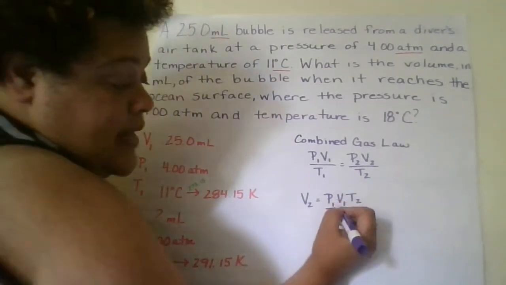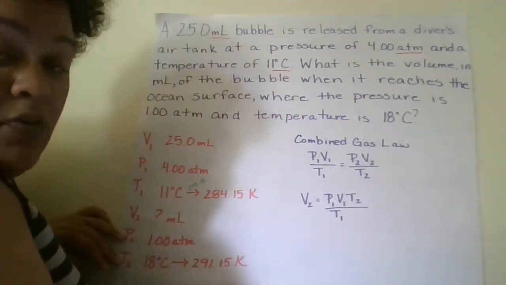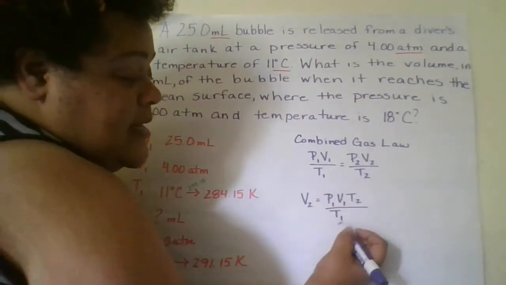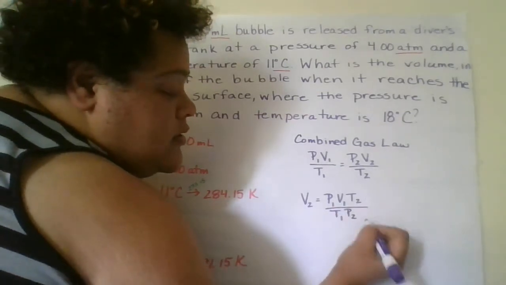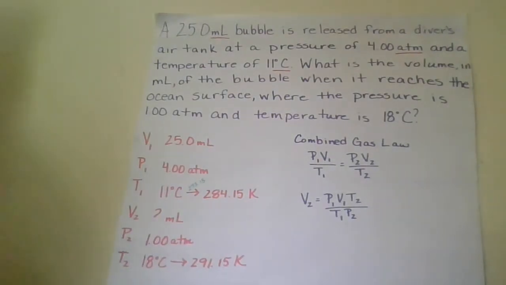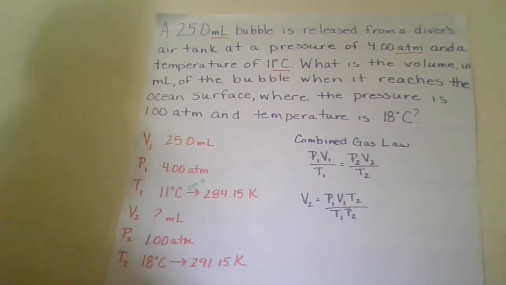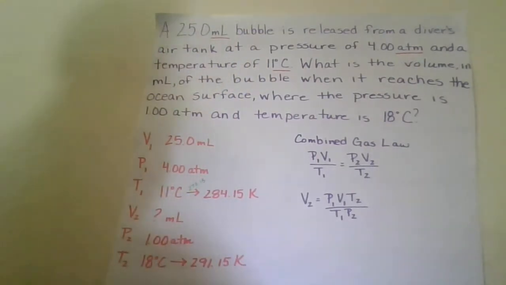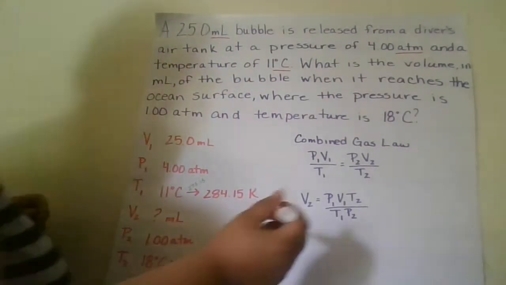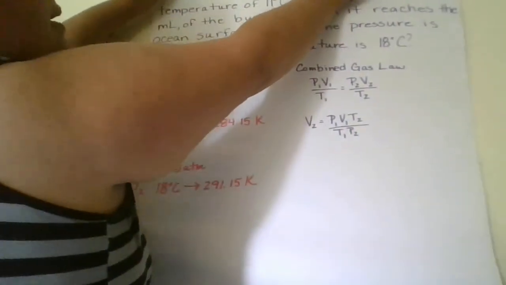Then we now have our T1, which is still in the original position, but we now have our P2 that has reciprocaled or dropped down to the bottom. So now let's do our plug and chug portion using our shopping list.